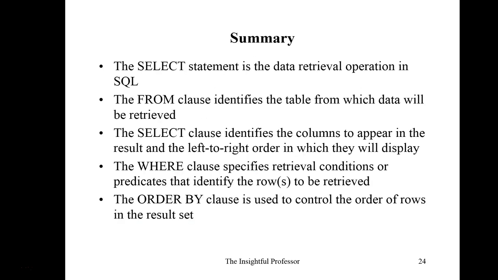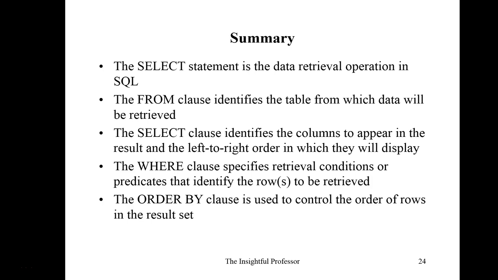Now, to summarize what we've talked about here, the select statement is the data retrieval operation in SQL. The from clause identifies the table from which data will be retrieved. That follows the select clause. The select clause identifies the columns to appear in the result and determines what the left to right display sequence will be in your output.